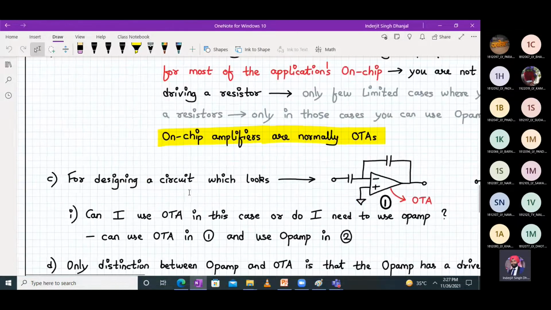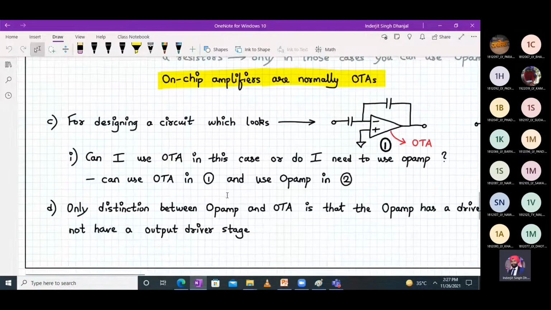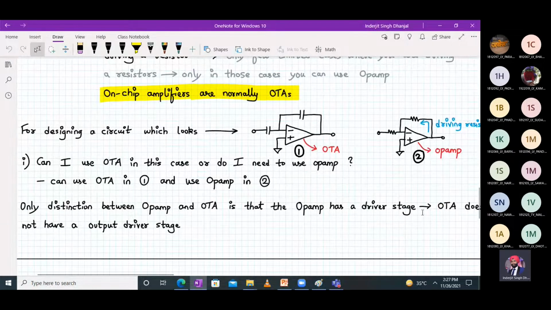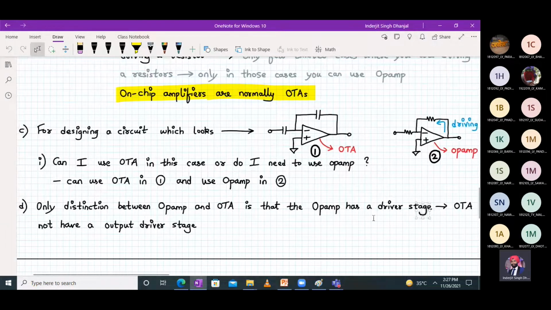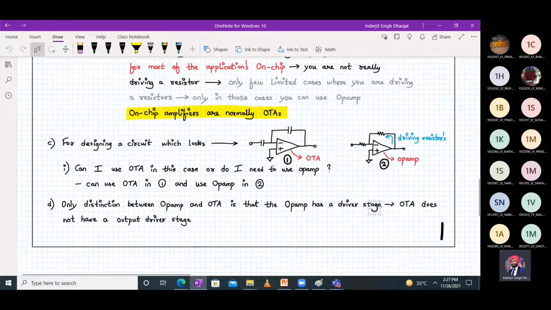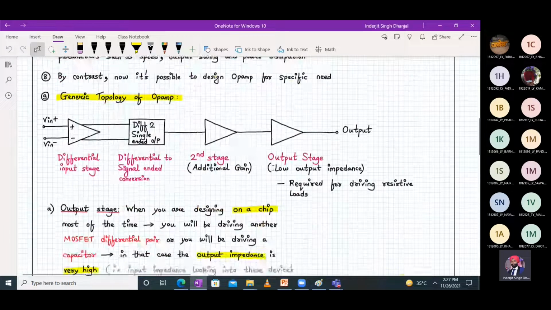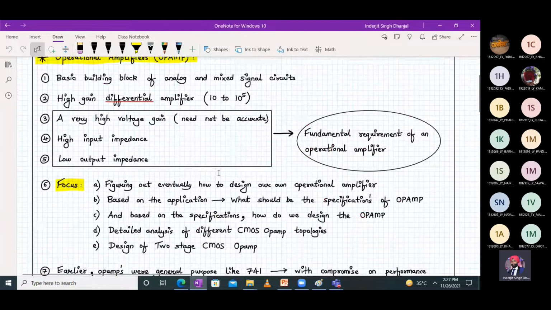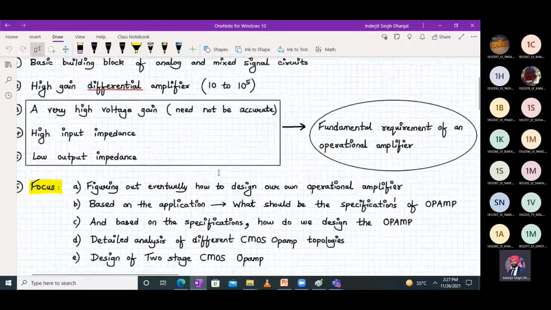For the first case, we use an operational transconductance amplifier. The only distinction between the op-amp and the OTA is that op-amp has a driver stage and OTA does not have an output driver stage. That's the only difference. Are you all following? Did you understand the difference between OTA and op-amp and why OTA is preferred over op-amp on chip?